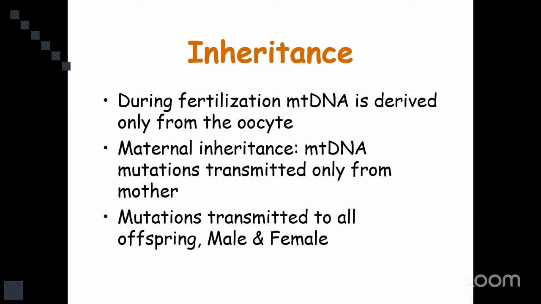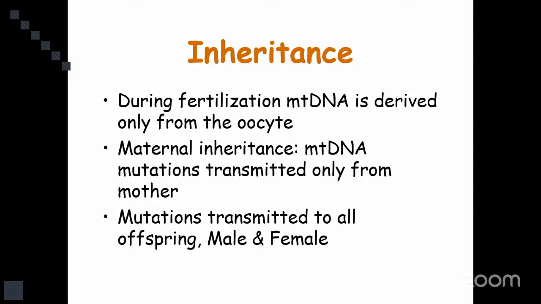So the mitochondria we have in our bodies are the mitochondria that we inherited from our mothers. That is how it will be very easy for us to appreciate if a disease is mitochondrially inherited. We can trace it to our mother's lineage.